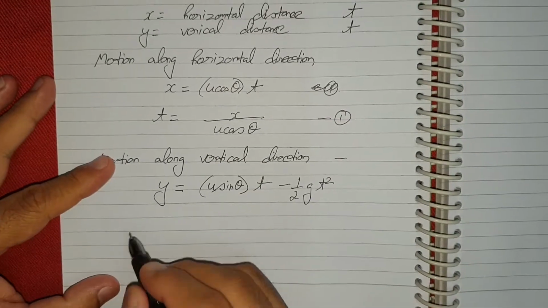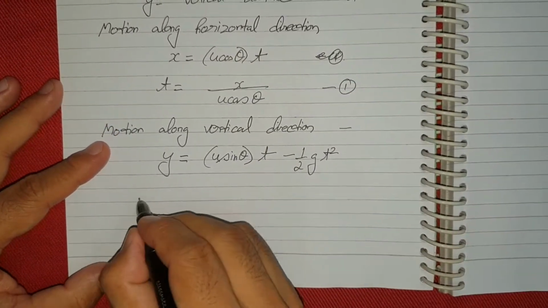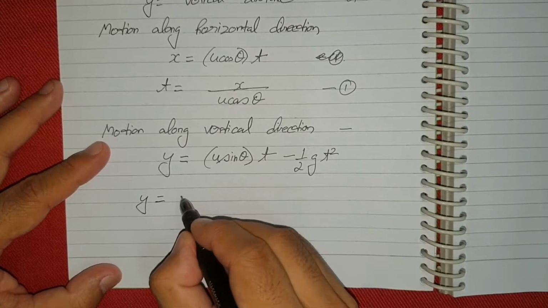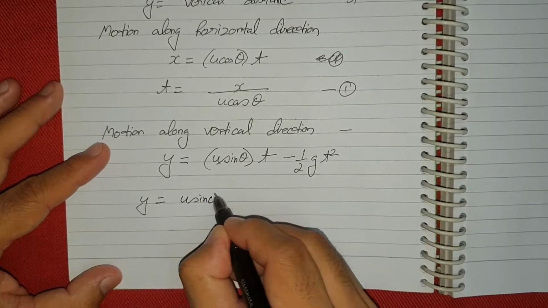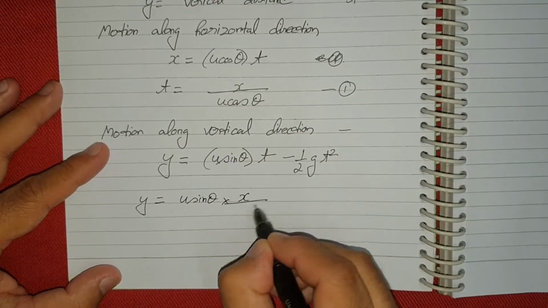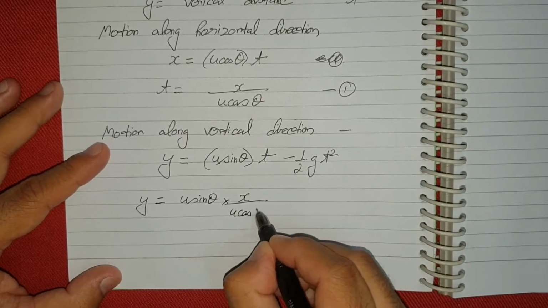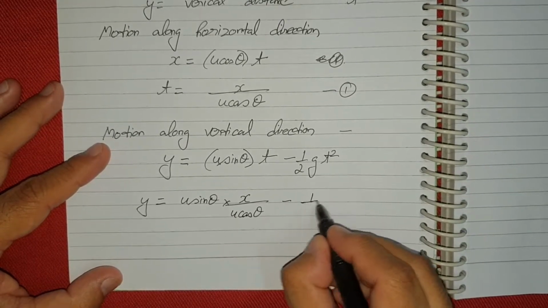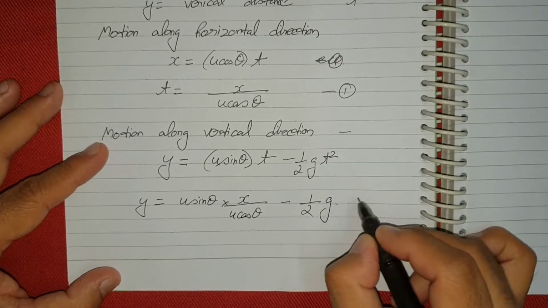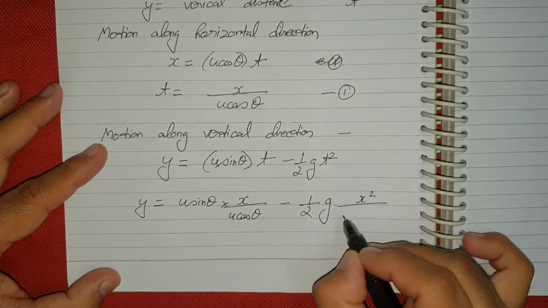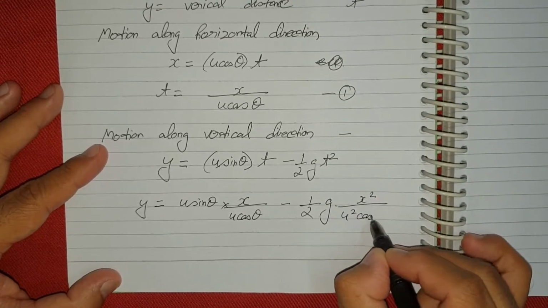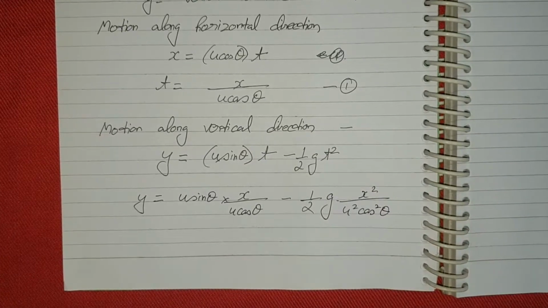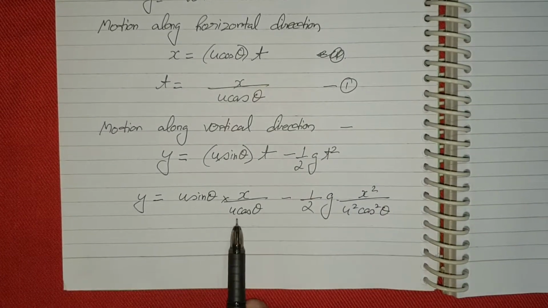Now substituting the value, y equals u sin theta into x by u cos theta minus half g, this is x square by u square cos square theta. Now solving this, you will get cancelled.